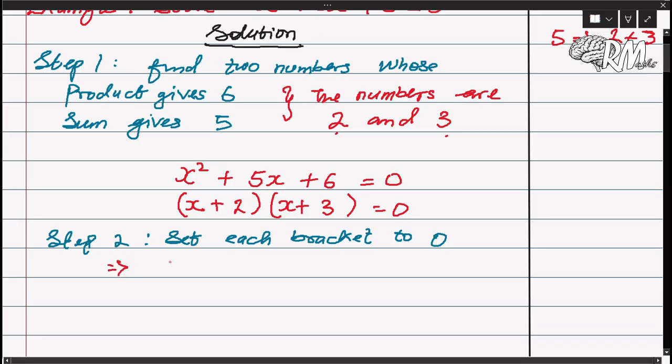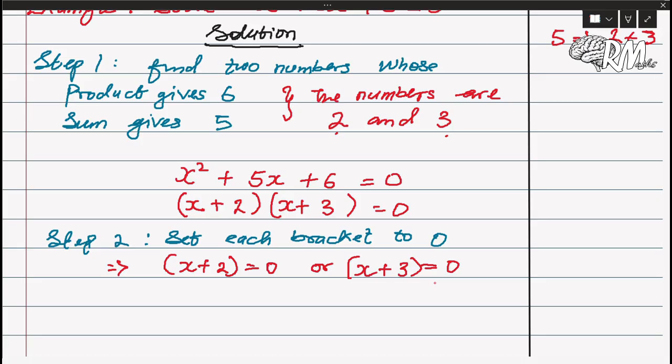Then we have x plus 2 equals 0, or x plus 3 equals 0. Now with quadratic equations, we are going to find two answers. That's why we call it a quadratic equation.